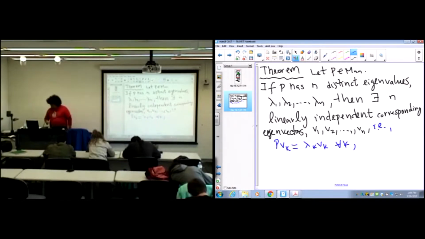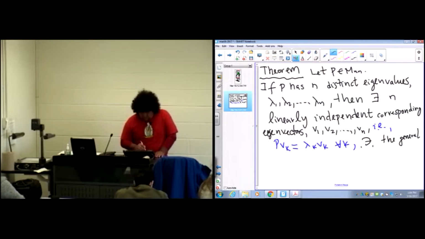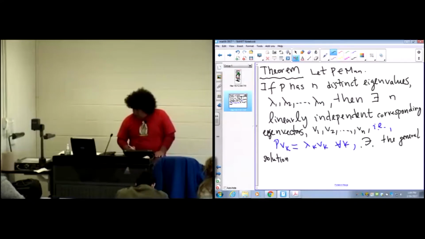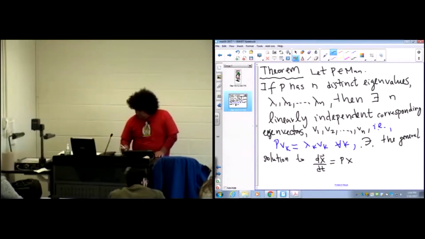It's given by something that looks like c_k e to the lambda_k t times v_k, and we're going to take the summation here from k equals 1 through n, and this linear combination is exactly equal to x, in fact x of t.